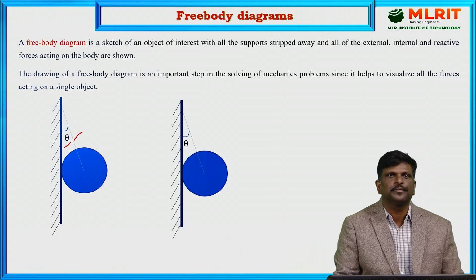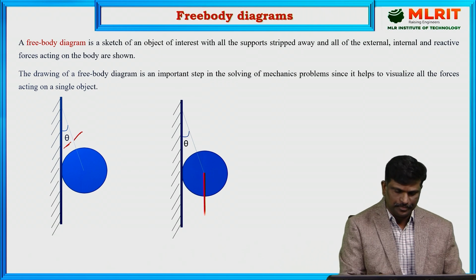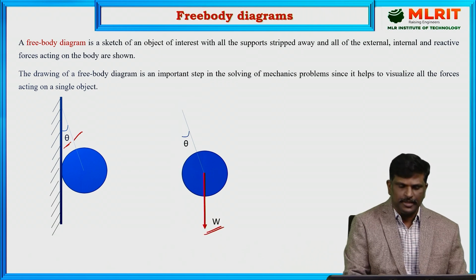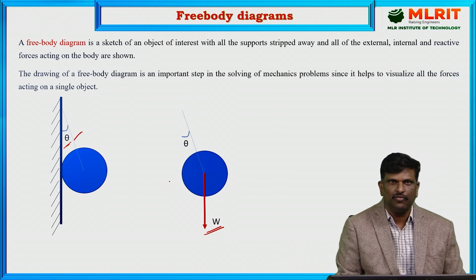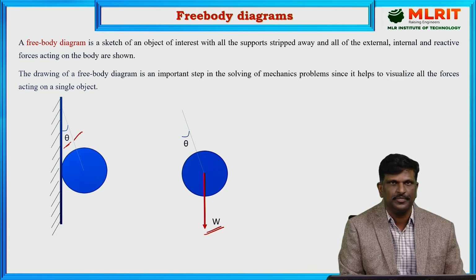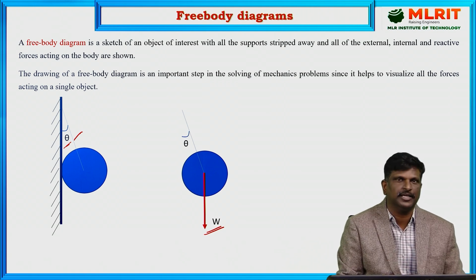Now, let us remove this vertical wall. If the wall is removed, it is not possible to keep the body in this position. Why? Because the string will become vertical and it will attain an equilibrium position.